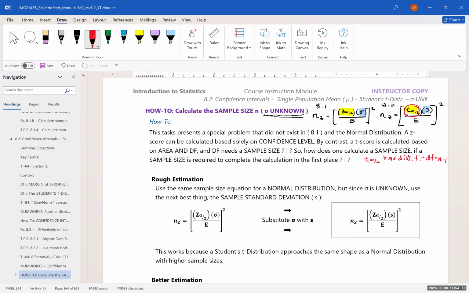So how can you calculate this T alpha 2 score using an inverse distribution function if you can't get degrees of freedom because you don't have the sample size? Because you don't have the sample size at the beginning, you can't get degrees of freedom. And without degrees of freedom, you can't use the inverse distribution function to get your T alpha 2 score. And without the T alpha 2 score, you can't put it into this equation in order to calculate sample size.